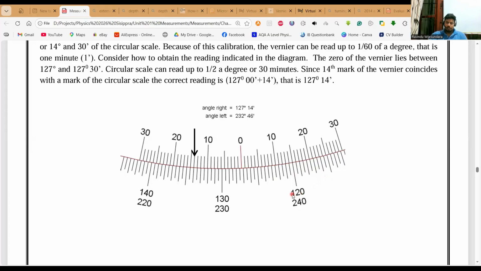If you go this way, it is reducing: 140, 130, 120. You are going by 2, by 1, by 1.